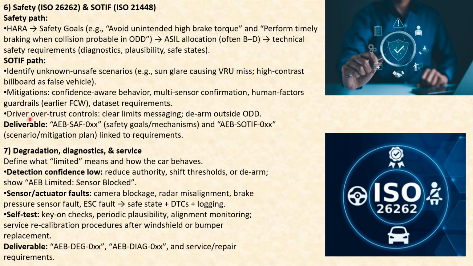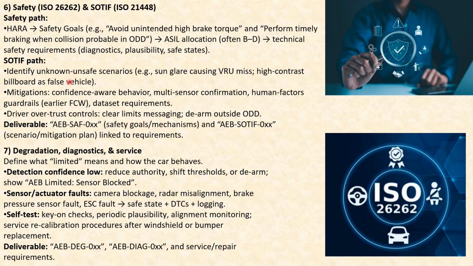And next comes driver over-trust controls, clear limits messaging, DRM outside ODD. And when it comes to deliverables, AEB-SAF-0XX safety goals and mechanisms, and AEB-SOTIF-0XX linked to the requirements. So the final deliverable is the safety goal and also the SOTIF path.